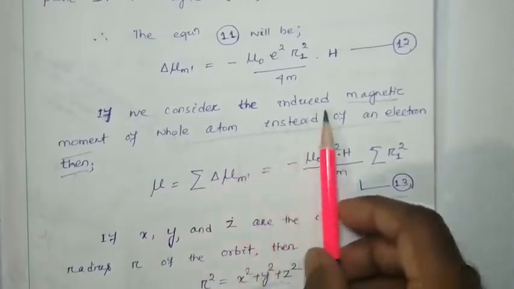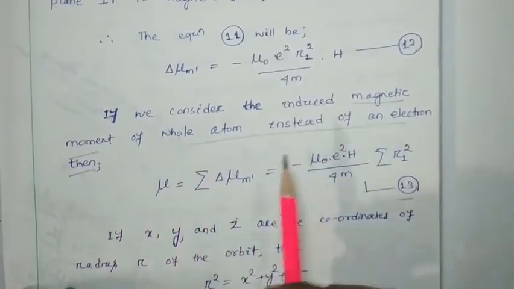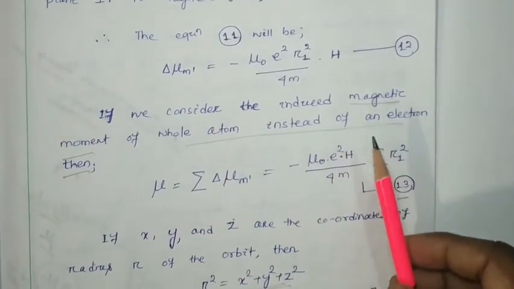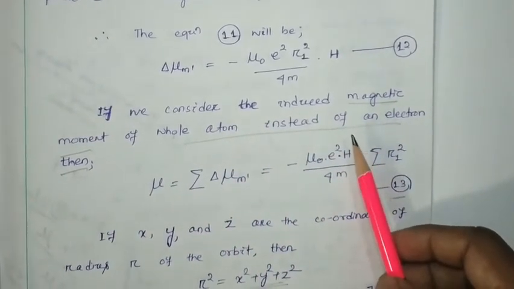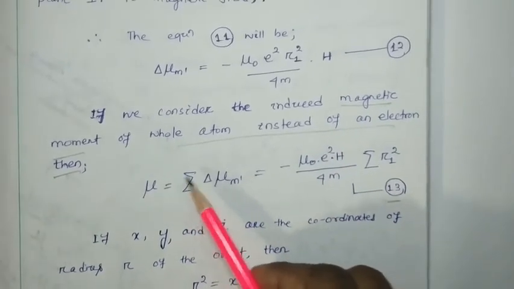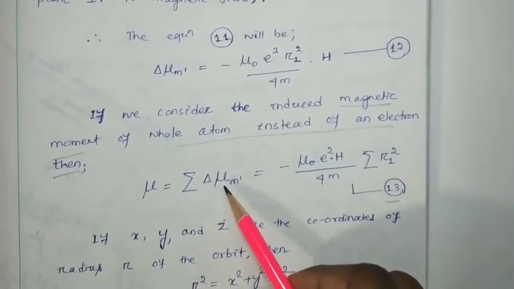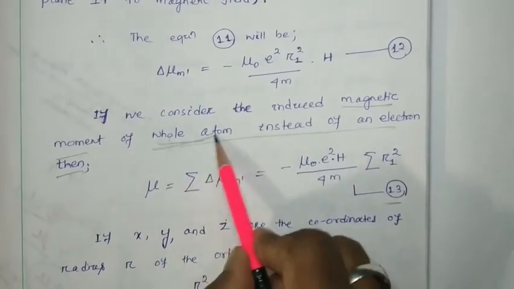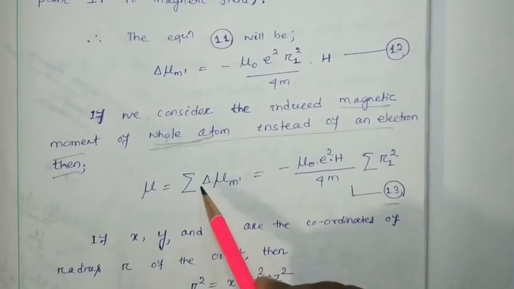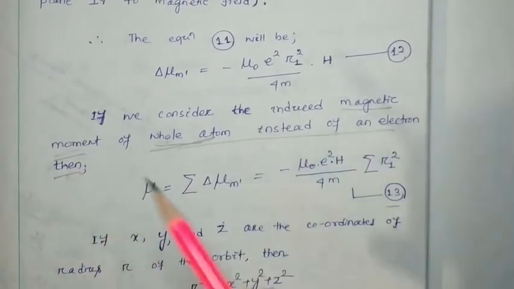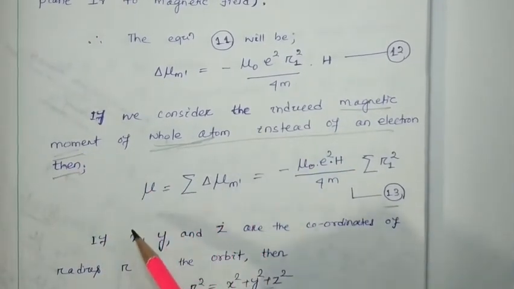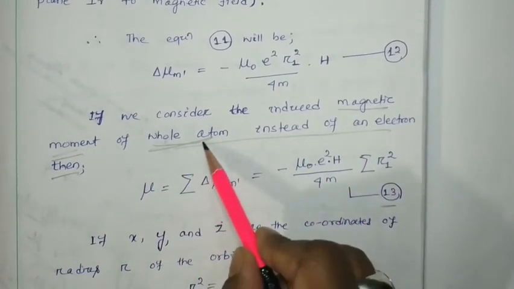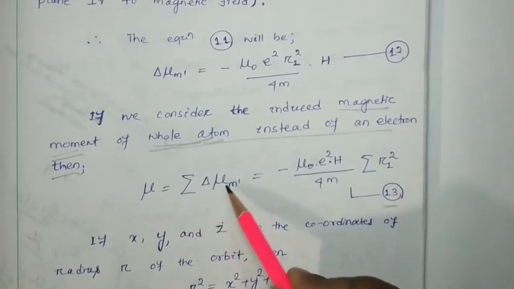If we consider the induced magnetic moment of the whole atom instead of one electron, then we have to sum over all the electrons present in the atom. So the total magnetic moment of the whole atom is the summation of the individual magnetic moments of all electrons present in that atom, that is the summation of del mu m dash.